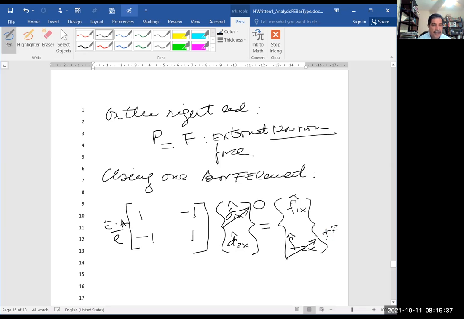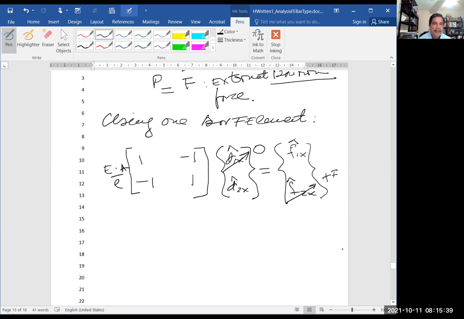So we recognize here that we have 2 equations and 2 unknowns. And the unknowns are F1x. Remember, F1x is the external force that is going to be applied on the left end in order to have the system in equilibrium.